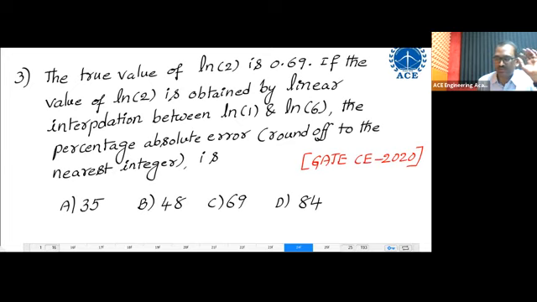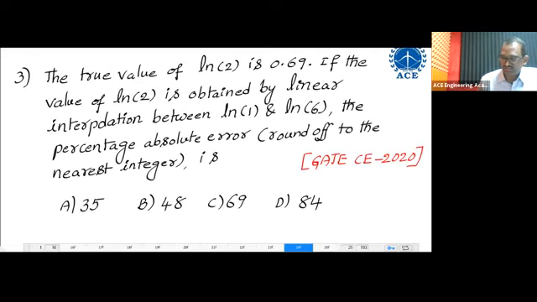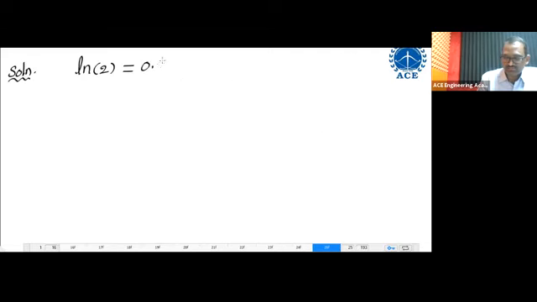First of all, be careful: the true value of ln2, meaning the exact value, was given to be 0.69.